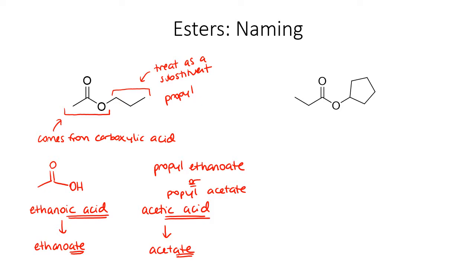So now let's try it with our second example. We have this component of the carboxylic acid. We also have a cyclopentyl group. Now normally this name would be propanoic acid.